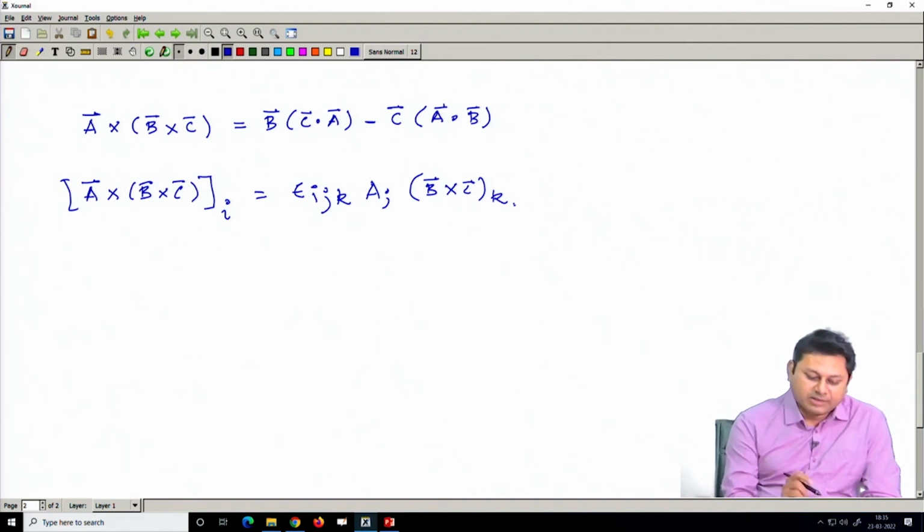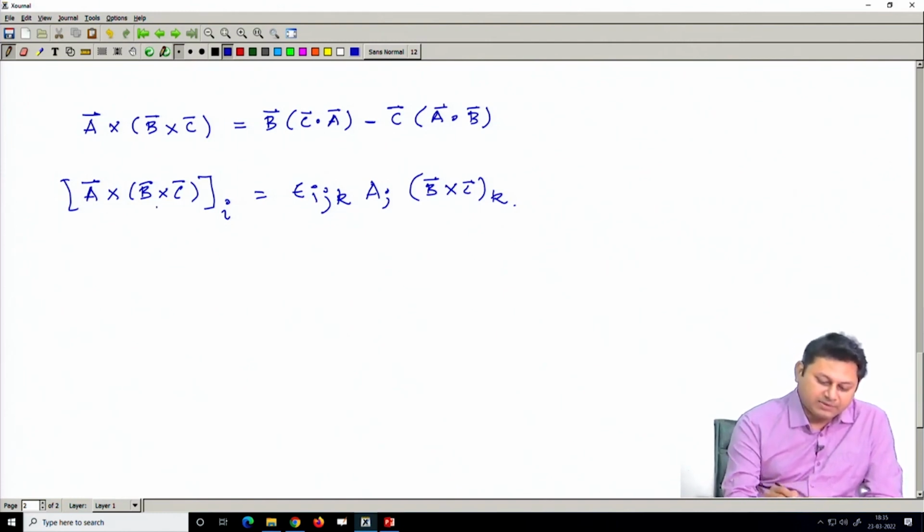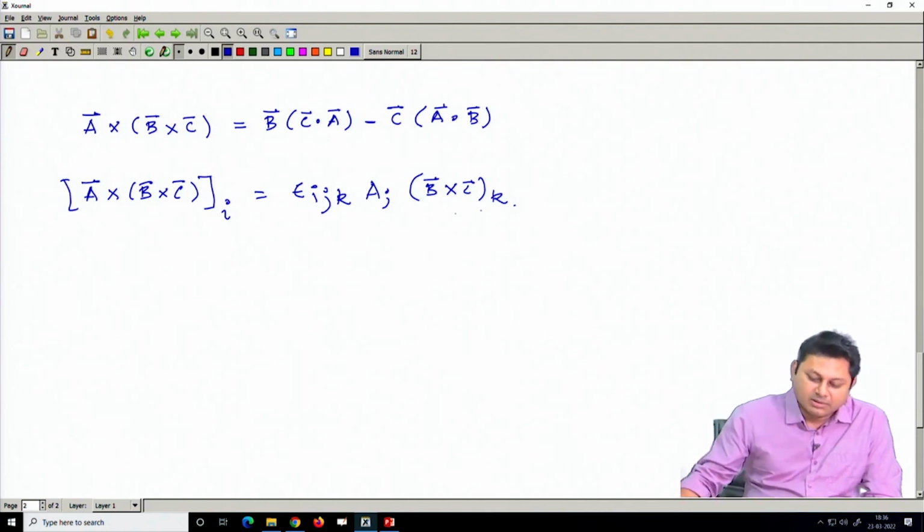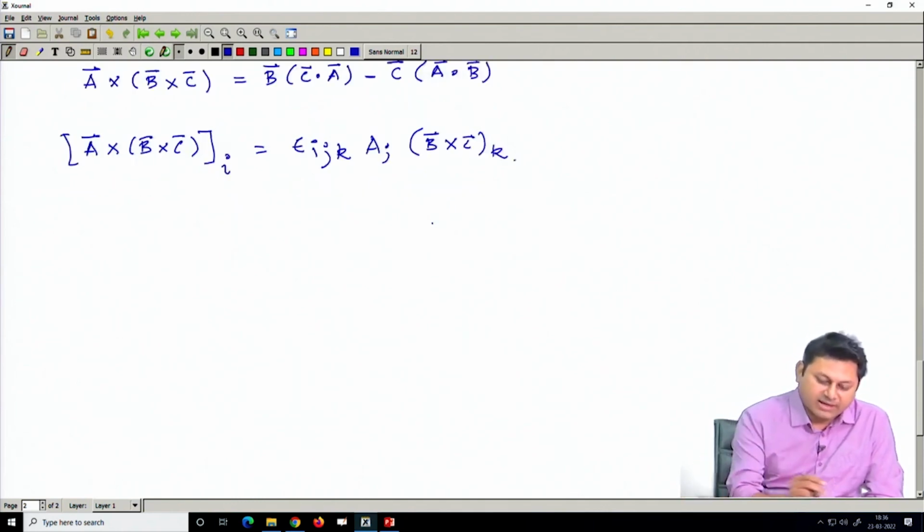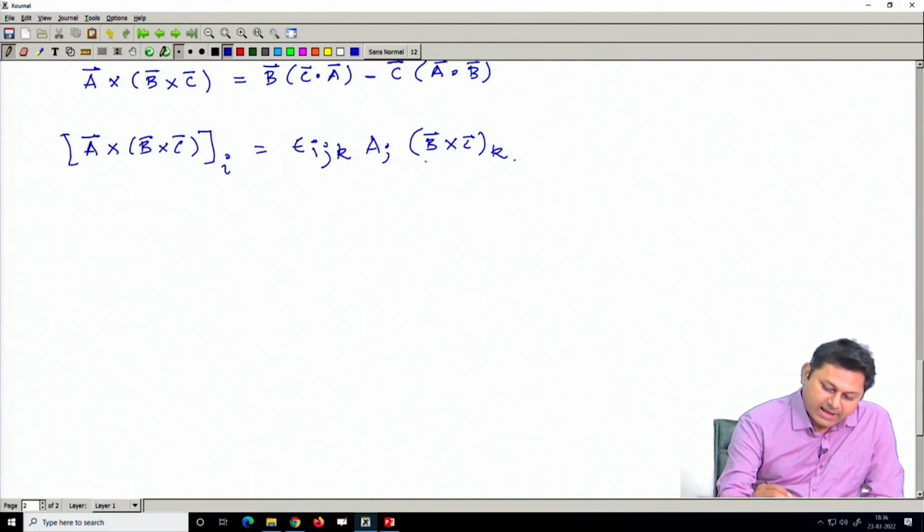Because A dot (A cross B) is epsilon I j k A j B k. So, in place of B I have another vector B cross C. So, I will just use this expression the way I write A cross B. Now, again the B cross C has the kth component sitting here. So, that I need to resolve.